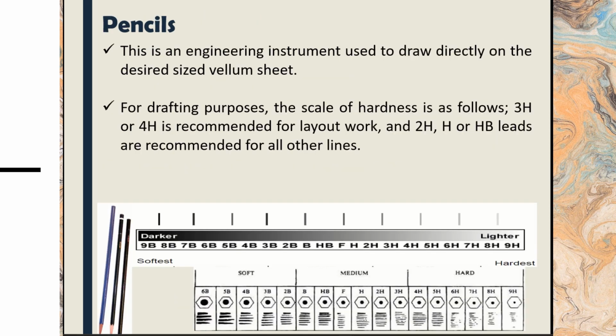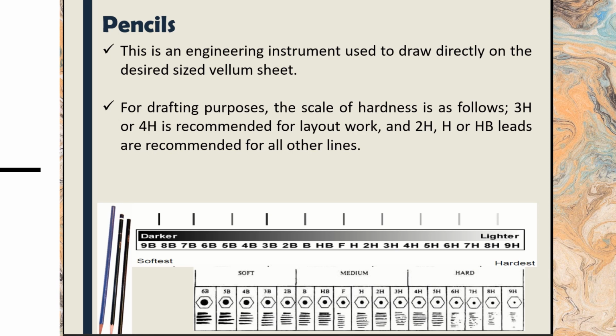Okay, that takes us to pencils. Pencils are important in engineering drawing. These are engineering instruments used to draw directly on the desired sized vellum sheet. That's your drawing sheet. So we use the pencil to draw on your drawing sheet, not a biro, please.